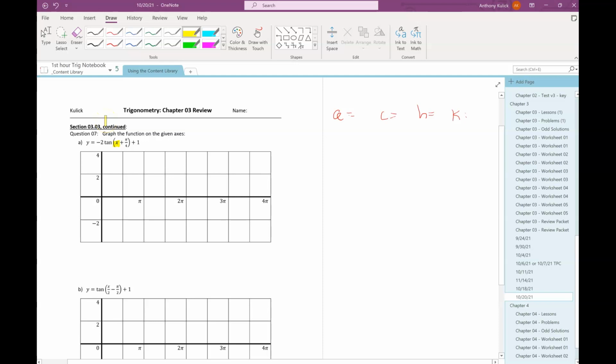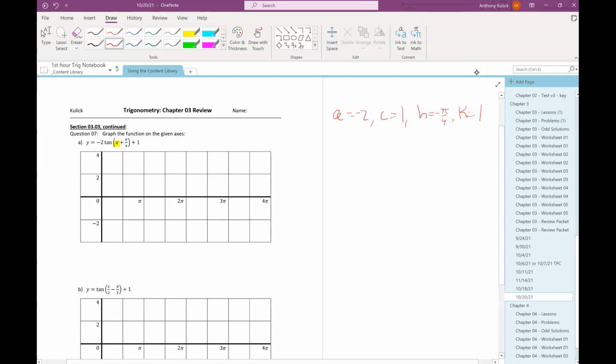If that coefficient on x is not 1, I'd have to start by factoring. But here it is 1, so I'm okay. So let's see. My A is -2. My C is 1. My H is -π/4. And my K is 1.